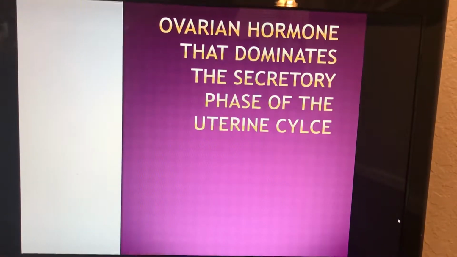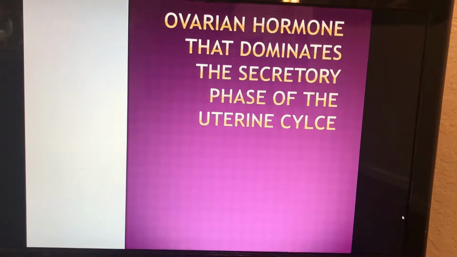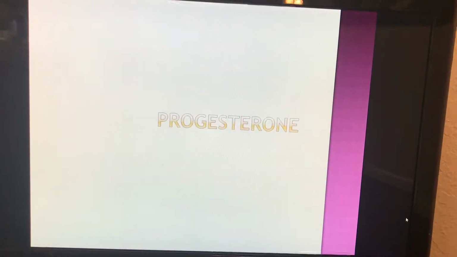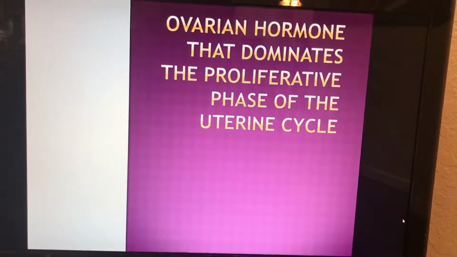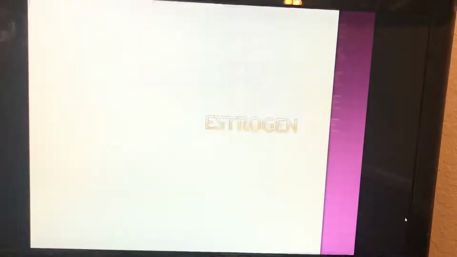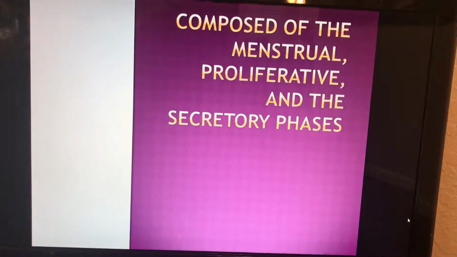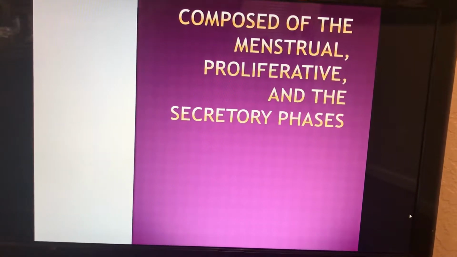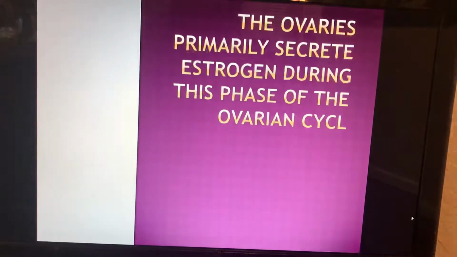Ovarian hormone that dominates the secretory phase of the uterine cycle. Progesterone. Ovarian hormone that dominates the proliferative phase of the uterine cycle. Estrogen. Composed of the menstrual, proliferative, and secretory phases. The uterine cycle.